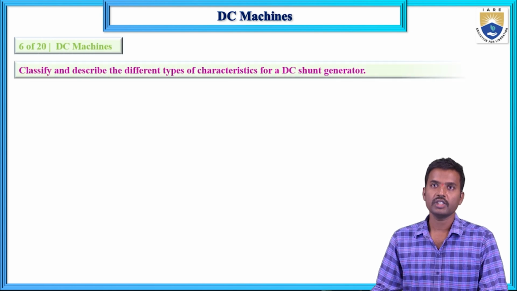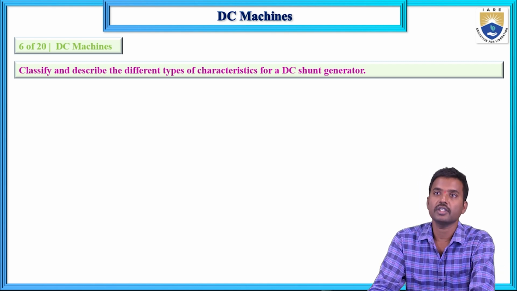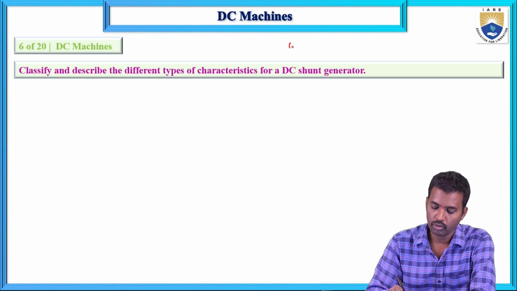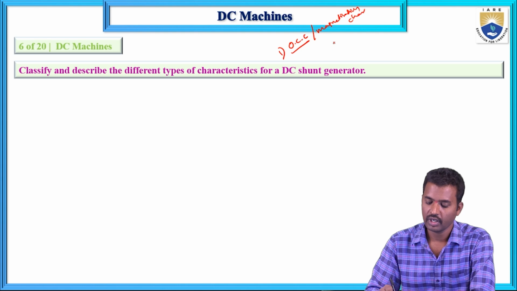Next, classify and describe different types of characteristics of DC shunt generator. What are the characteristics of DC generator? First, open circuit characteristics, also known as magnetization characteristics or no-load characteristics. Second, load characteristics, in that internal and external.